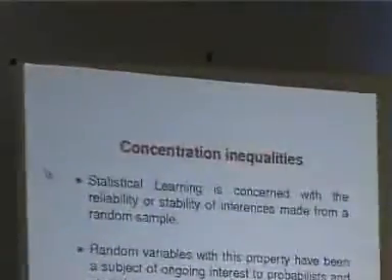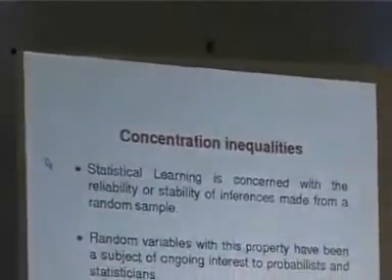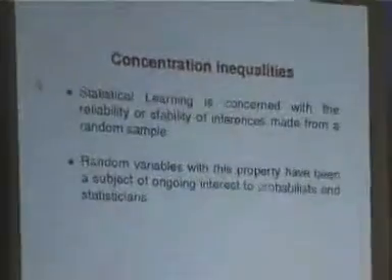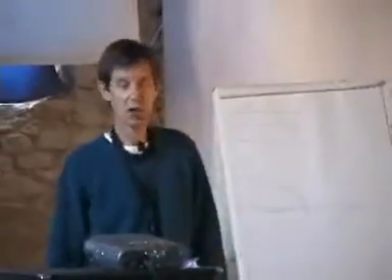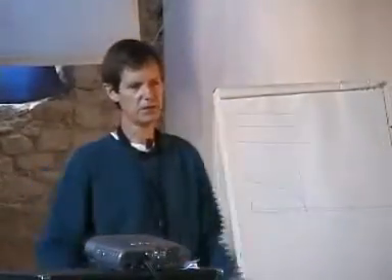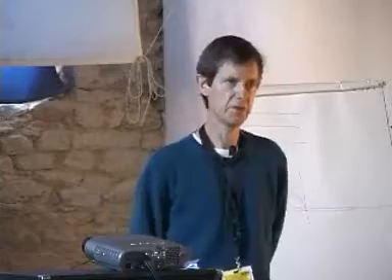So okay, statistical learning is concerned with the reliability and stability of inferences made from a random sample. That's where we started yesterday. If you remember those distribution functions that I plotted when looking at the size of the sample, how they started very concentrated, very tight, and then as I took a smaller and smaller sample, they got more and more sloppy in the way they behaved, and eventually it became very unreliable to infer anything.